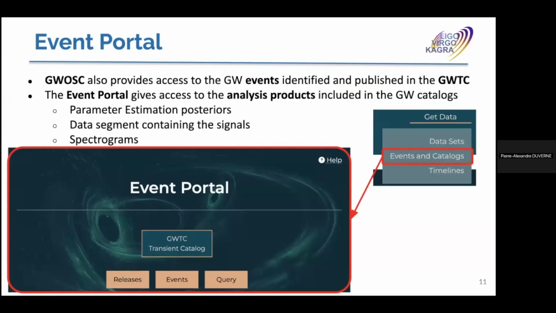Also, on the GWOSC website, you can find what's called the event portal, because GWOSC also provides access to all the gravitational wave events that have been identified and published in the various gravitational wave transient catalogs, or GWTC.